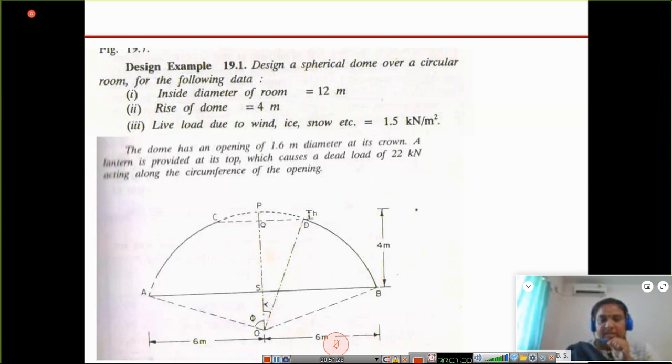You have to design a spherical dome over a circular room, and the geometrical details and the loading are given, so you just have to design the spherical dome. We will try to solve or discuss this problem, but if I start, I'll not be able to complete this now. Meanwhile, any other questions, I'll try to answer. I think that's it.